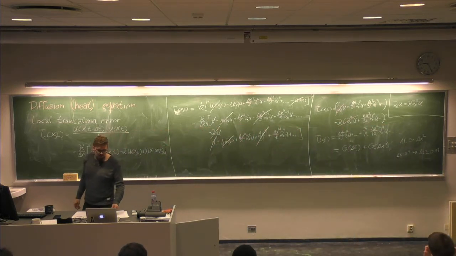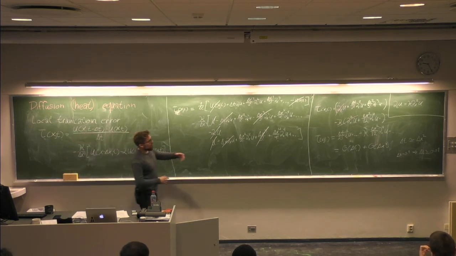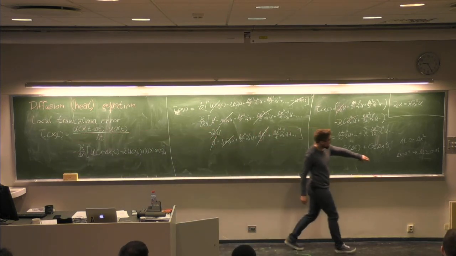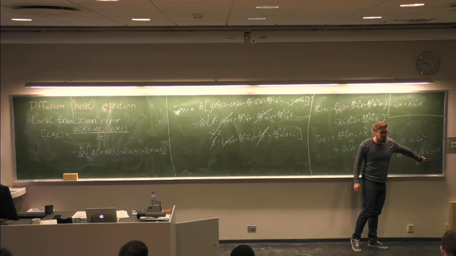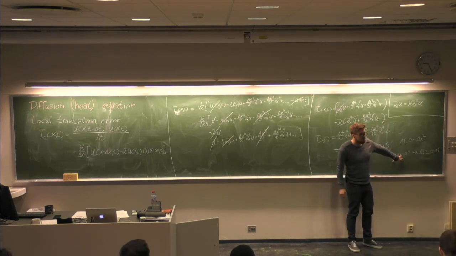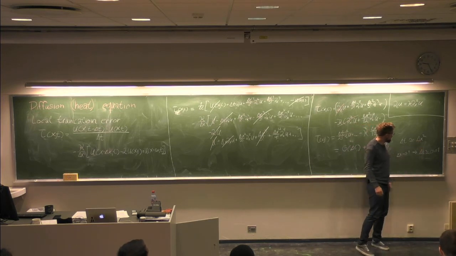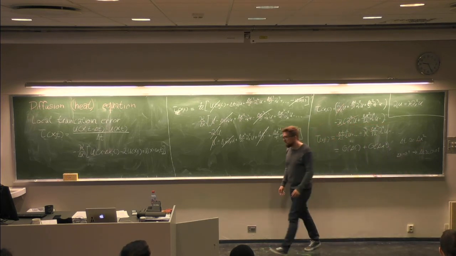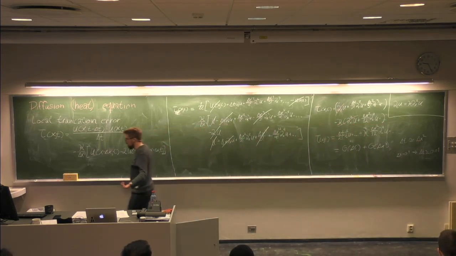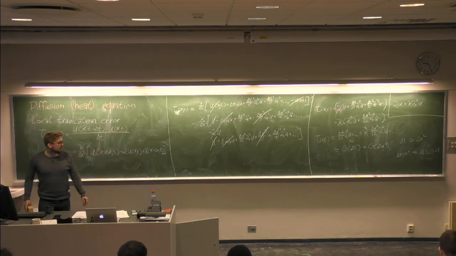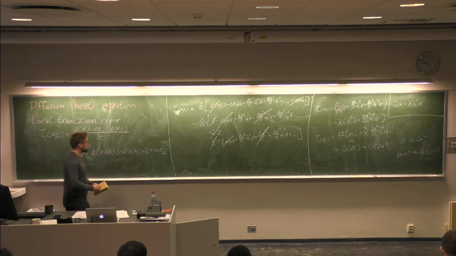Because if you have a very small delta x but a big delta t, then this will be your error, and there's no point in having a small delta x. If you have a big delta t and a small delta x, it defeats the purpose.